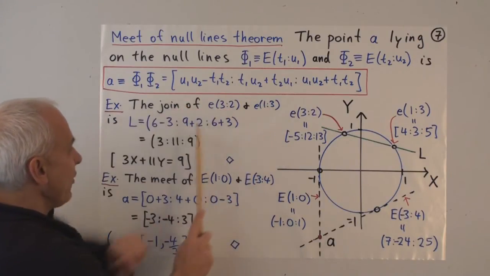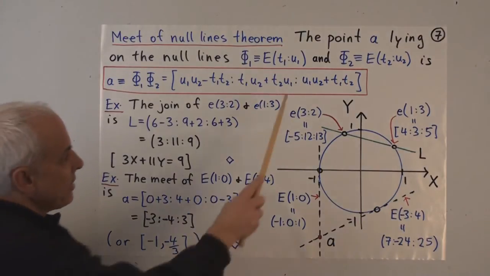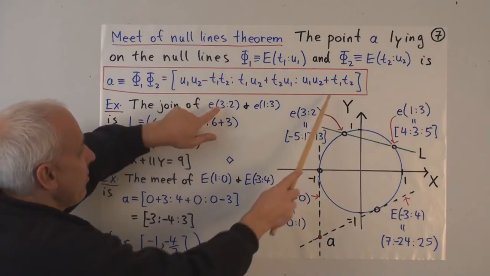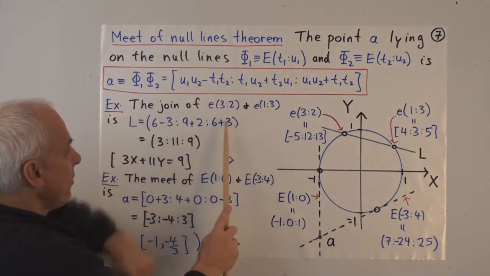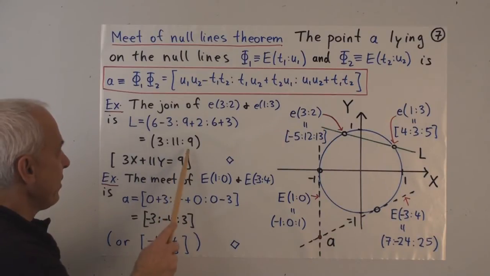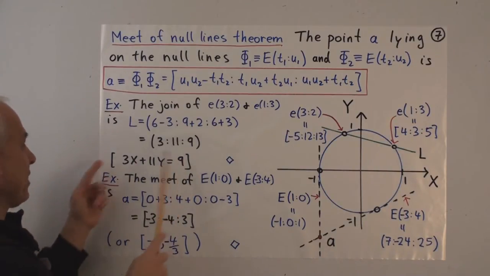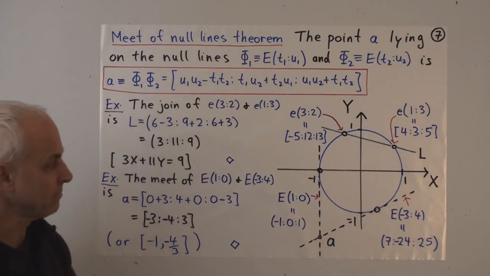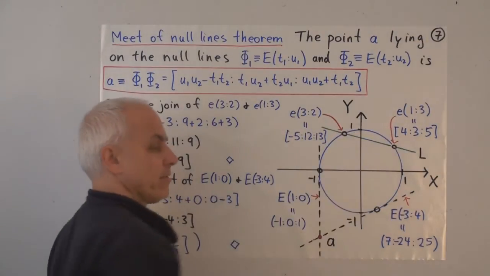So 9 plus 2. And the third component, u1 times u2, 6 plus t1 times t2, which is 3. That's the proportion 3 to 11 to 9, representing the line 3x plus 11y equals 9. That's the equation of that line.